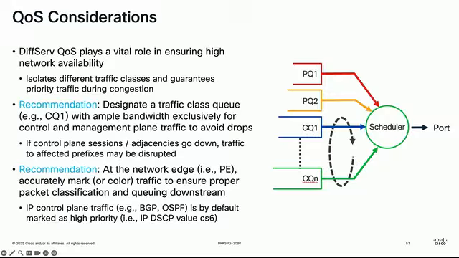It prevents low priority traffic from being serviced from a high priority queue, or non-control plane traffic being serviced from the control plane queue. And so, to ensure control plane stability in the network, which is essential to network stability, you need to avoid control plane packet drops.